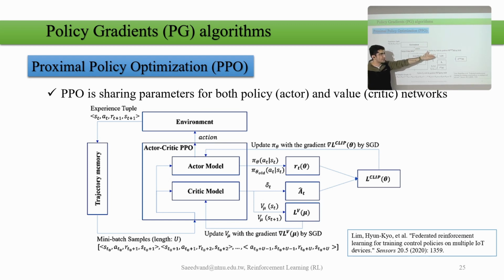And we calculate the ratio of policy, R of theta, with the equation that we said. We calculate the advantage. Advantage comes from the value function, because advantage is the difference of the values. Then we clip it with the equation of the previous slide. Then after we clipped it, we update our actor model.